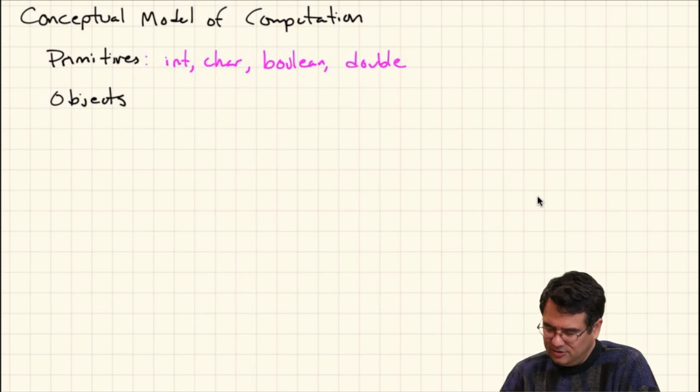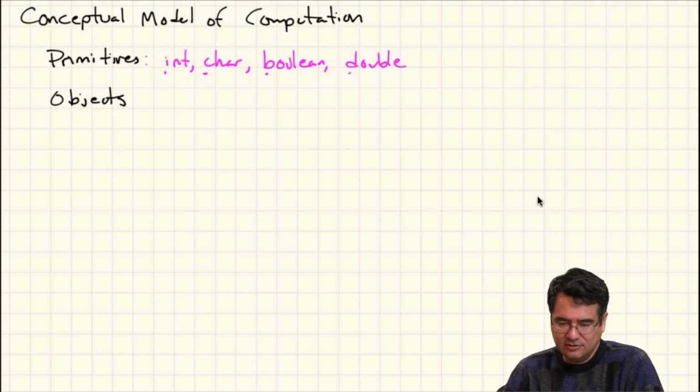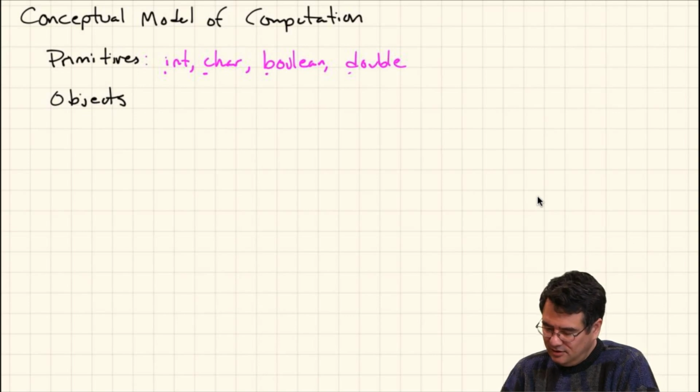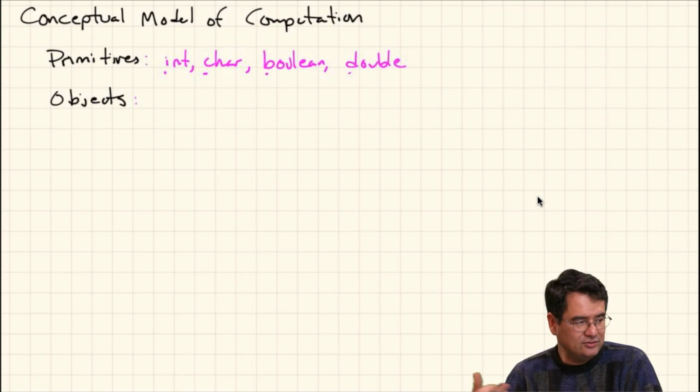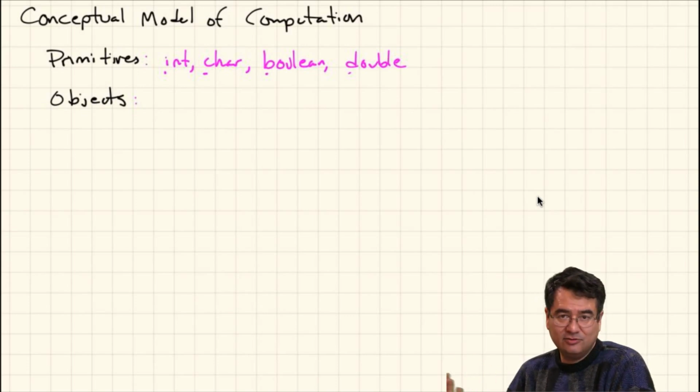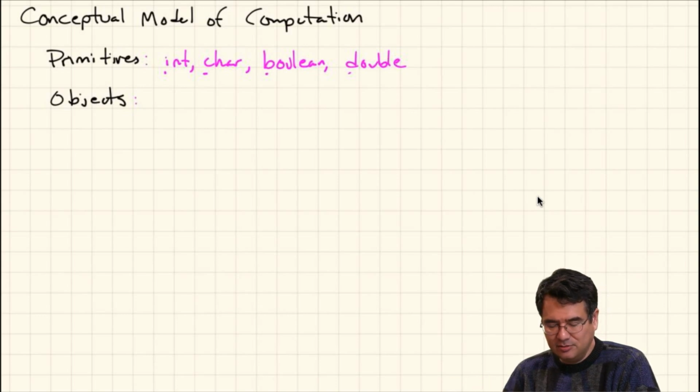There are a few others, but those are the important ones. And these data types, you can tell that they're primitives because they all start with a lowercase letter: int, character, boolean, double. And objects, or classes, by convention, start with a capital letter. So that's how you, as a programmer, distinguish between either the primitives or the objects.